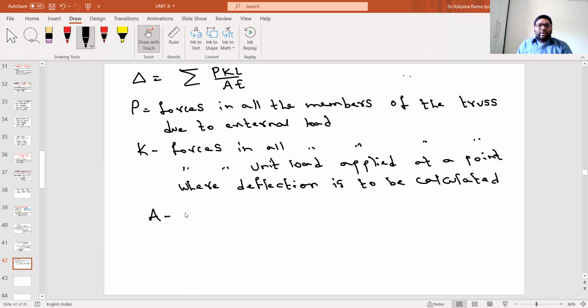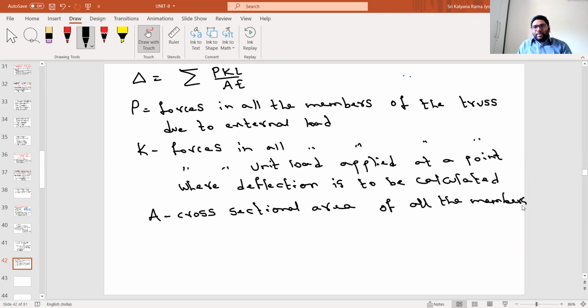Okay. And A is the cross sectional area of all the members, L is the length of all the members of the truss, and E is modulus of elasticity.